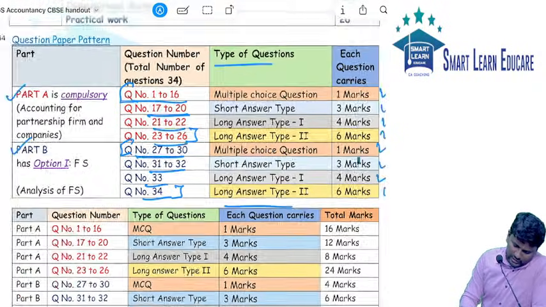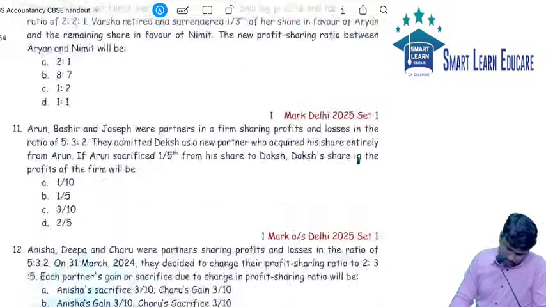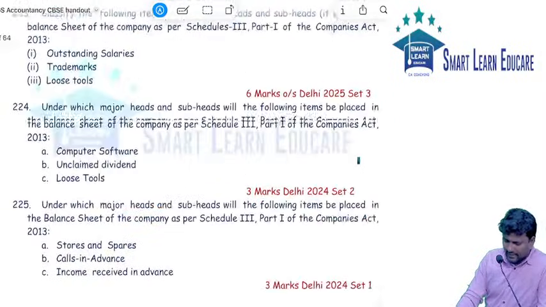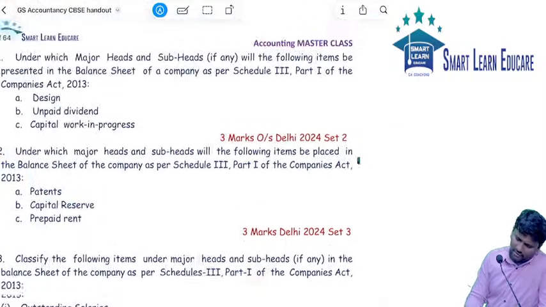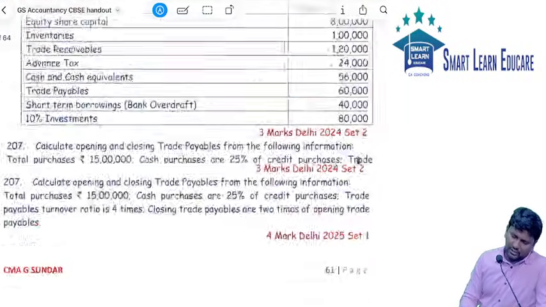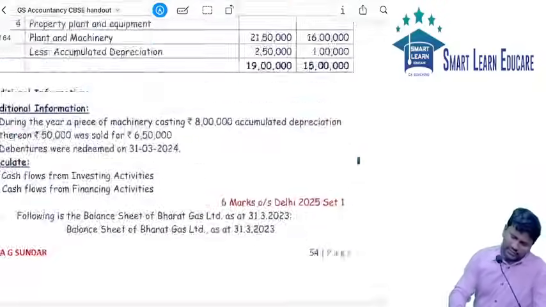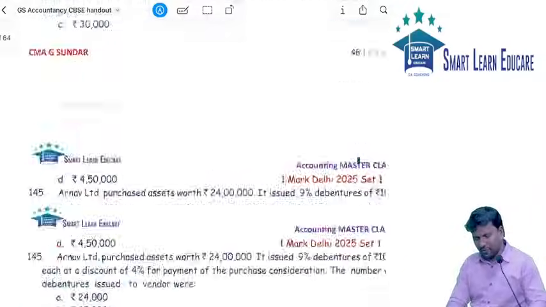In this material, I have included around 225 exam questions. It consists of all the topics. When you plan for this exam, first you should give priority to partnership.